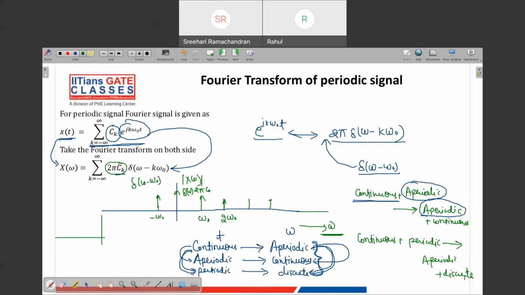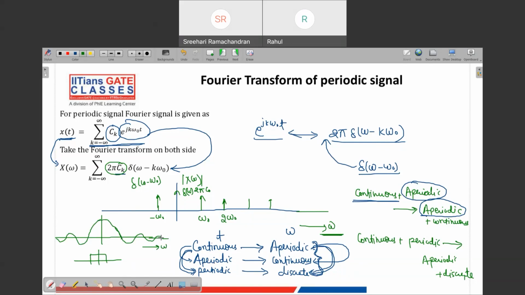Okay, equally distributed. So let's say I am taking a rectangular pulse in the time domain. In the frequency domain it is a sinc, correct? So you are saying that it is equally distributed in the sinc. In the frequency domain we are getting a lot of components, right? Okay, that's a different frequency.